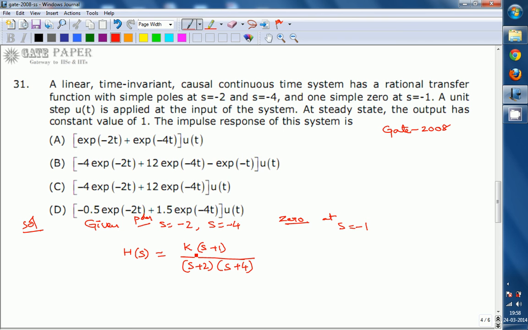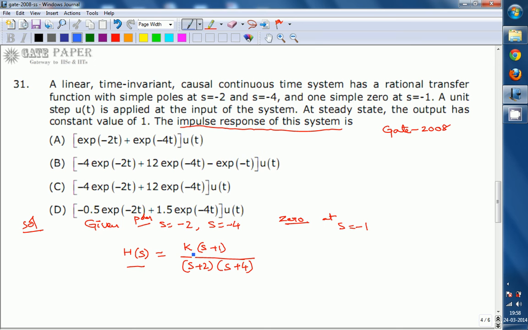So in order to find the impulse response of the system using this H of s, first we need to find the constant K, the gain K value.